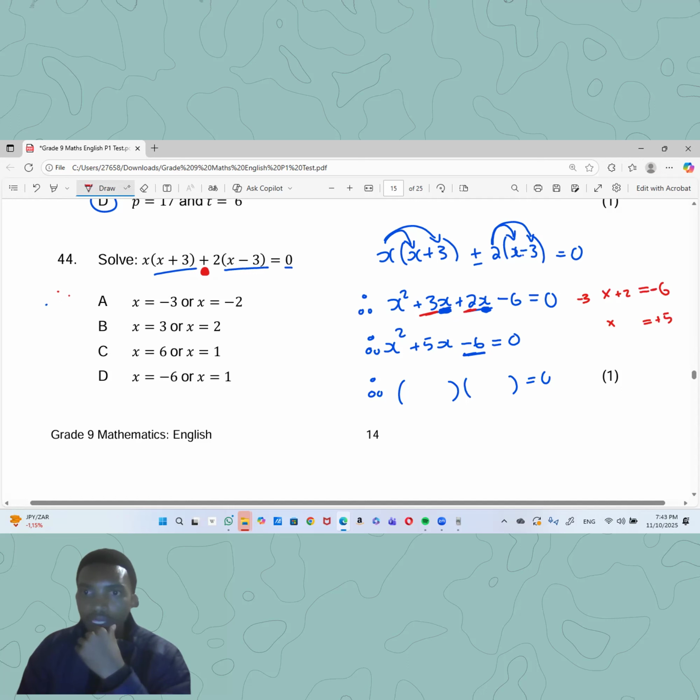But negative 3 plus 2, how much is that? Negative 1. So which other numbers can we work with? How about we work with negative 6 and plus 1? 6 times negative 1 gives us negative 6 again. And 6 minus 1 is positive 5. So meaning our numbers are those ones.